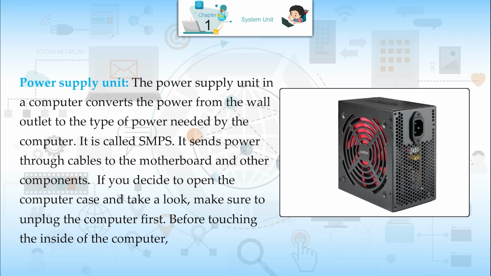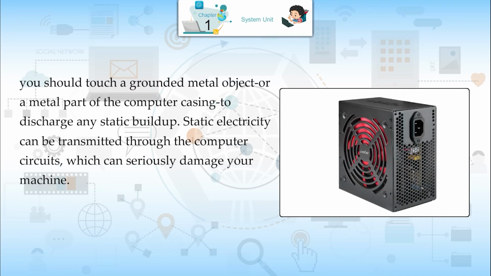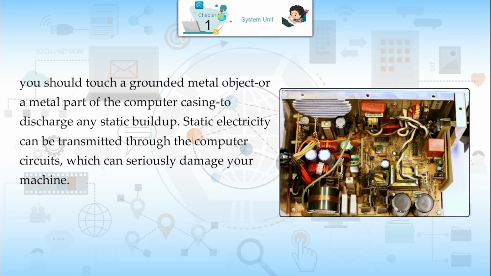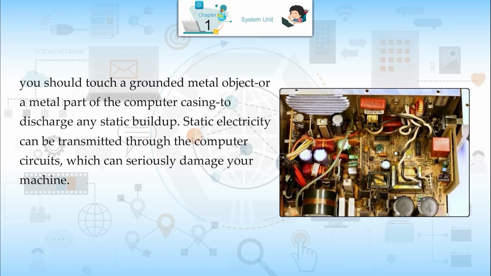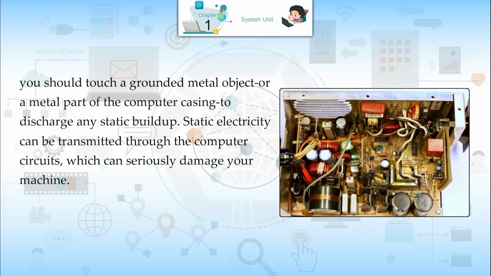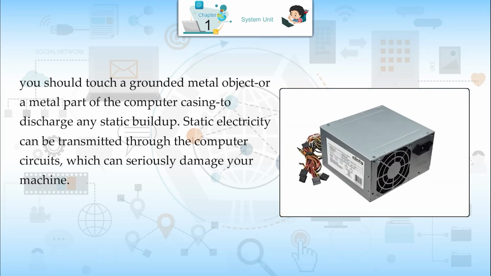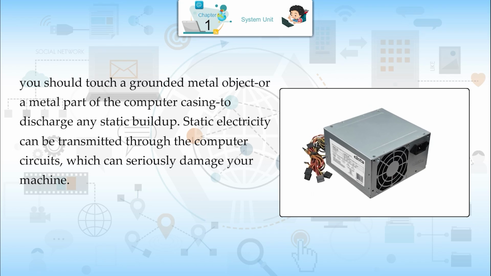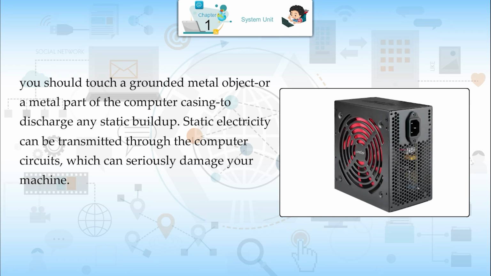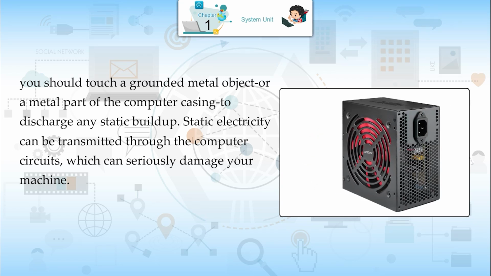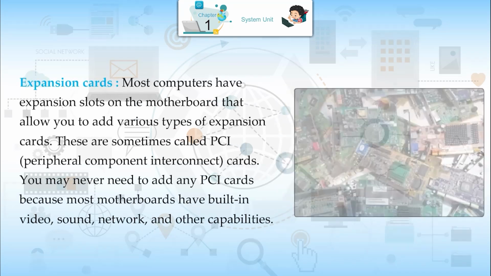Before touching the inside of the computer, you should touch a grounded metal object or a metal part of the computer casing to discharge any static buildup. Static electricity can be transmitted through the computer circuits, which can seriously damage your machine.